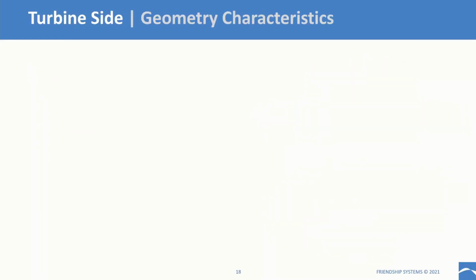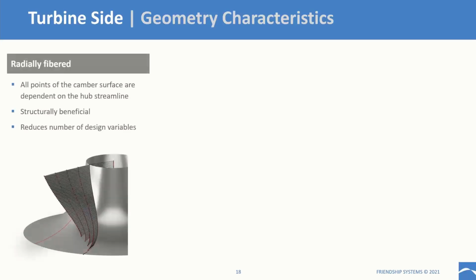So if we move over to the turbine side and look at some of the characteristics of the geometry that we developed there. So we have so-called radially fibered blades, which means that all points on the blade camber surface are dependent on the hub streamline.